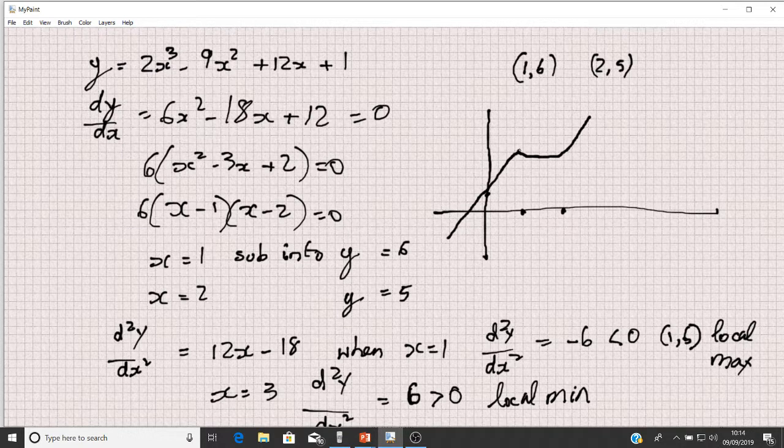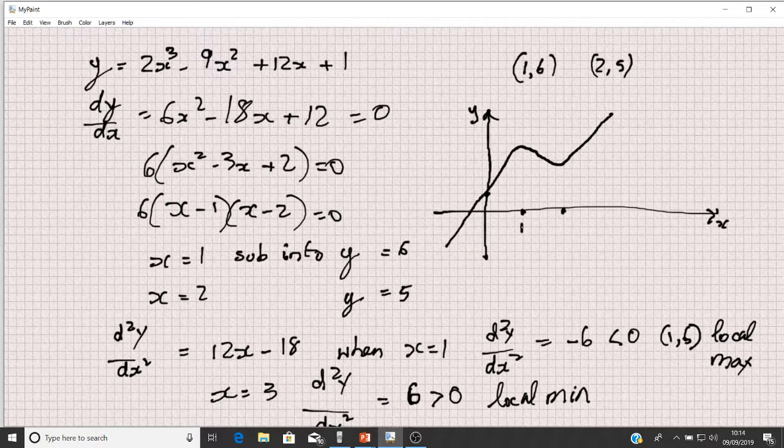That's not great, I'll do that again. Okay, so we've got a curve that's going up, turning at 1, 6 and turning again at 2, 5. That looks better.